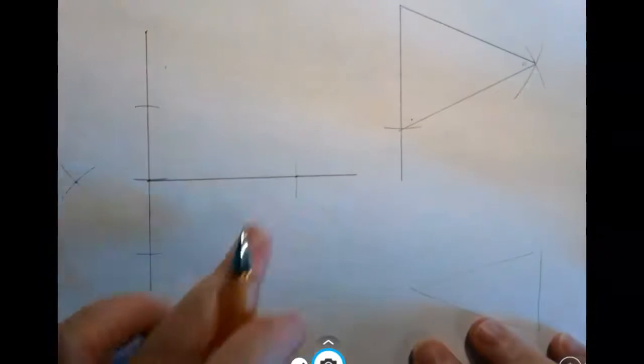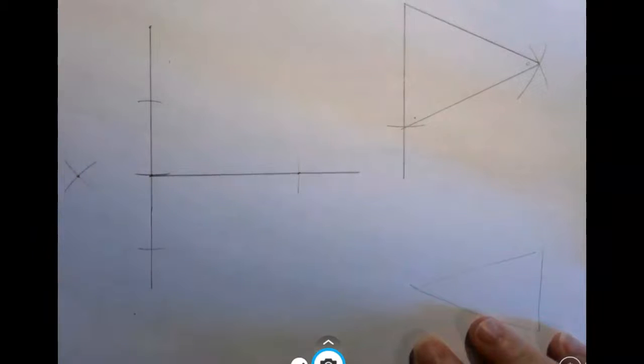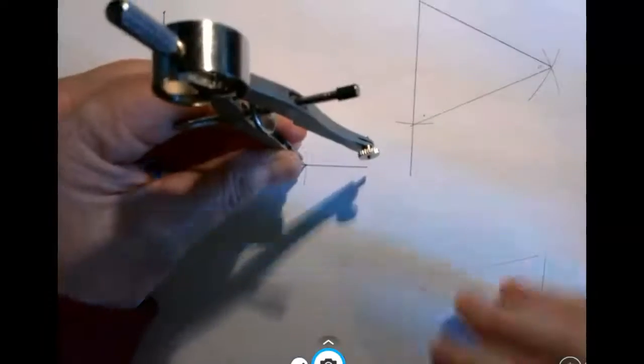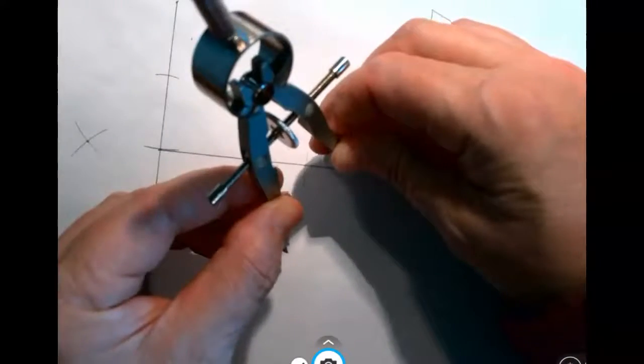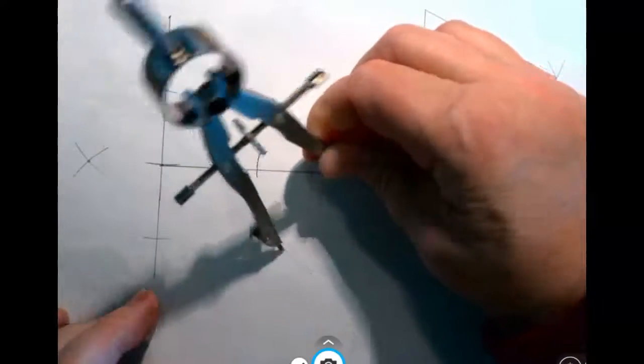So what I'm going to do is the same thing here that I just did down here. So I'm going to go ahead and create the perpendicular through this point right here, perpendicular to that line, or that side. So again, I'm going to create a segment where that point is in the middle, and then find another point on the perpendicular bisector of that segment I just created, and then draw my side.